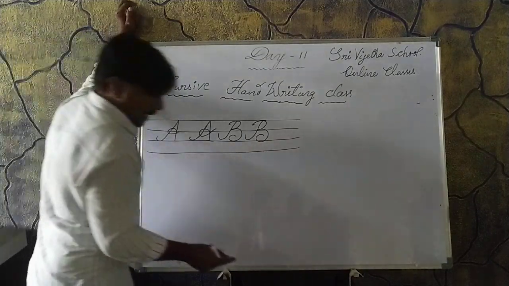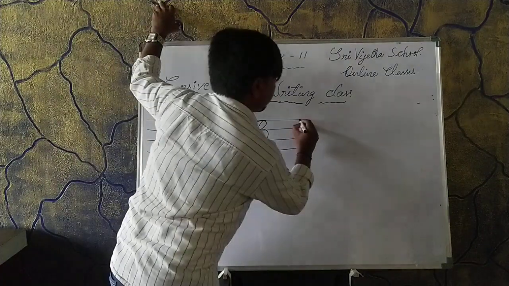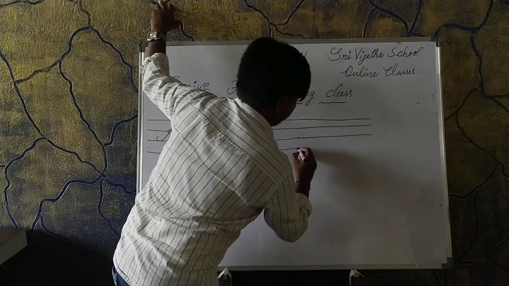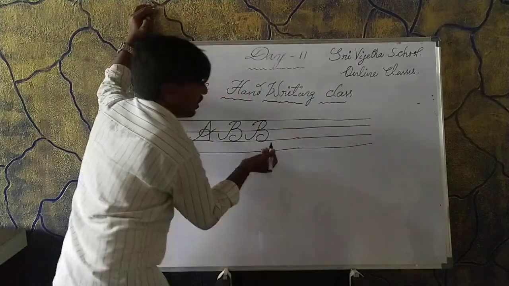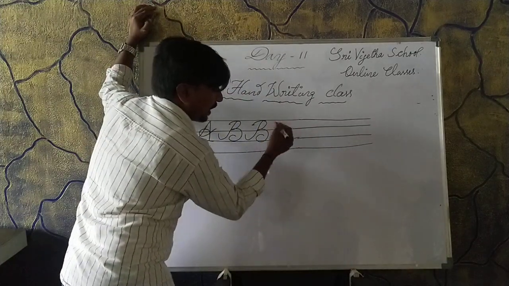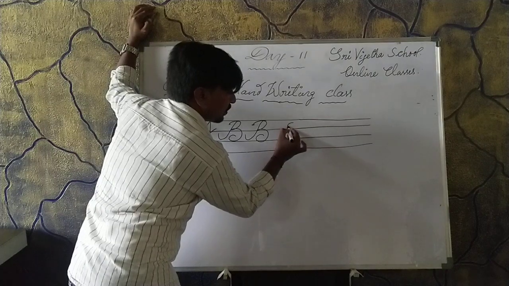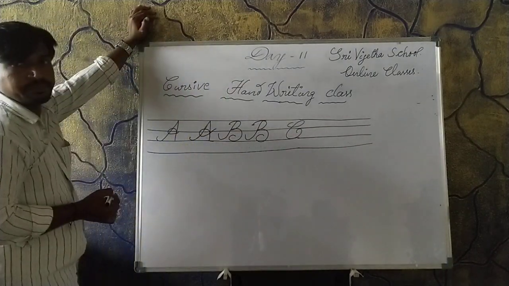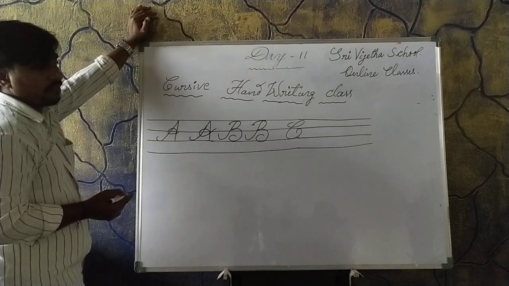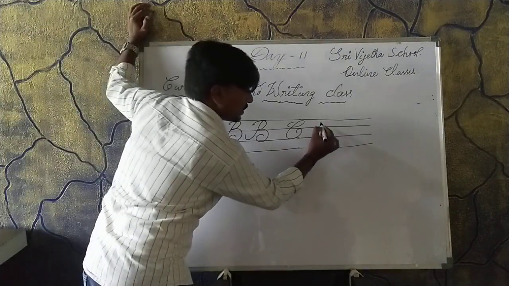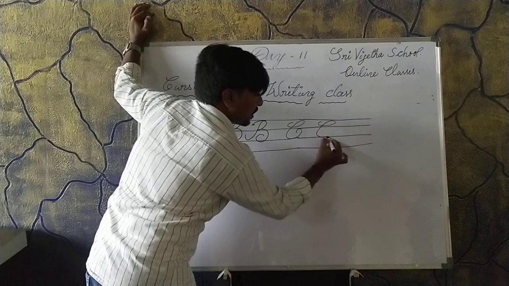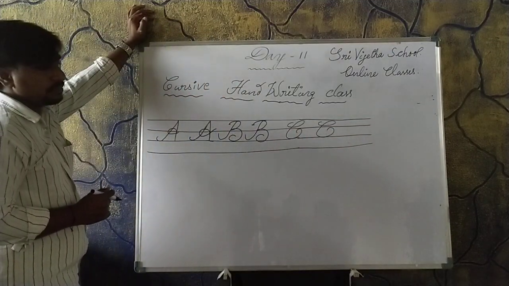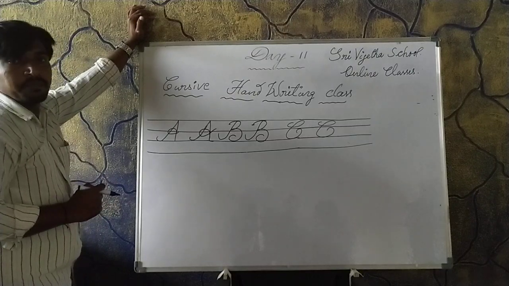Okay, and next. Look here, see, then we are making C here. C. Again I write here C. Stop.